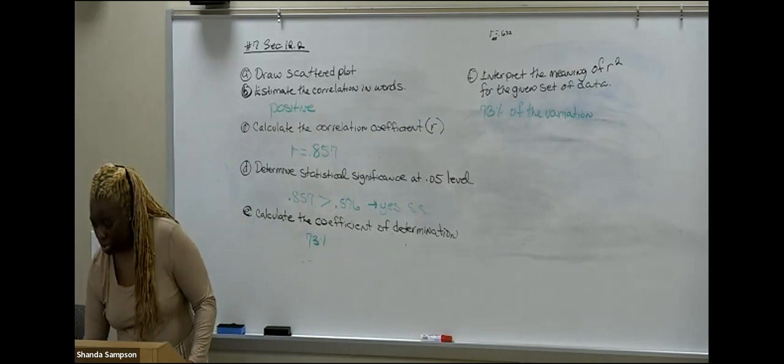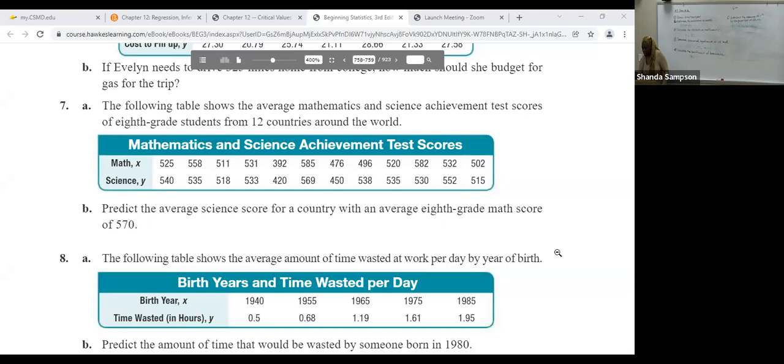Whatever Y is. All right, so let me pull up the problem here. Scores, right? 73% of the variation of science scores.